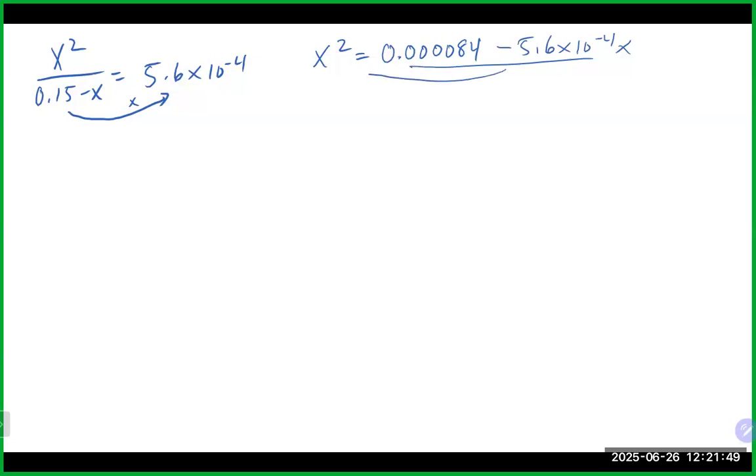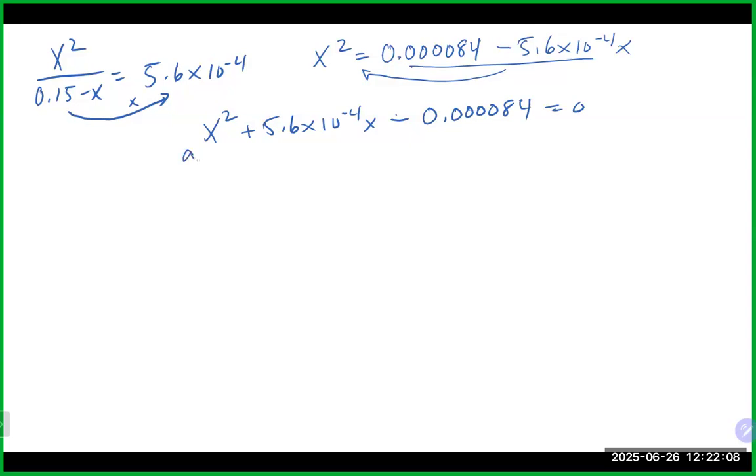Now I'm going to bring everything to the same side, and that gets me x squared plus 5.6 times 10 to the minus 4 x minus 0.000084 equals 0.